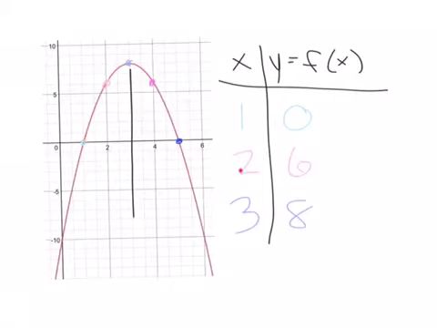We plug in 2, we get 6, and these are all being plugged into the y equals negative 2 (x minus 3) squared plus 8 equation. So we plugged all those in and got our points. And because this is our vertex, and the x value in our vertex is 3, we know that 3 is going to be our axis of symmetry.